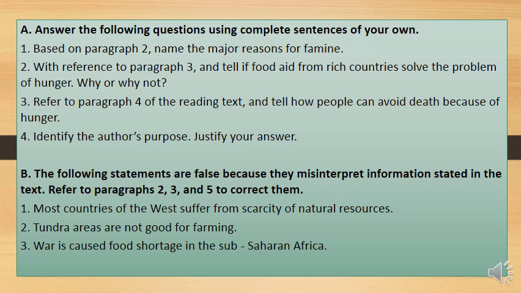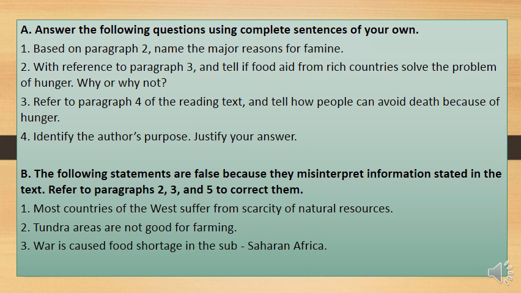Another way in order to avoid death because of hunger is to decrease the population, not just having babies for just a high number of babies. This also leads to hunger, as we said.